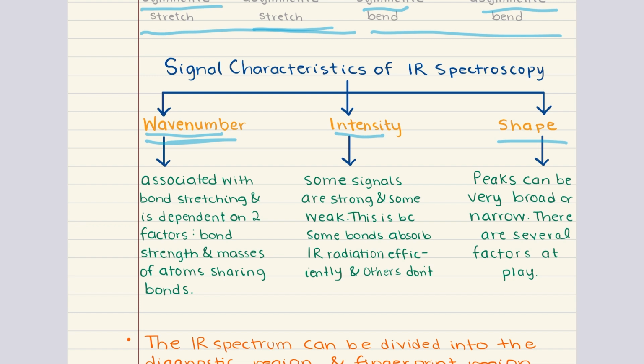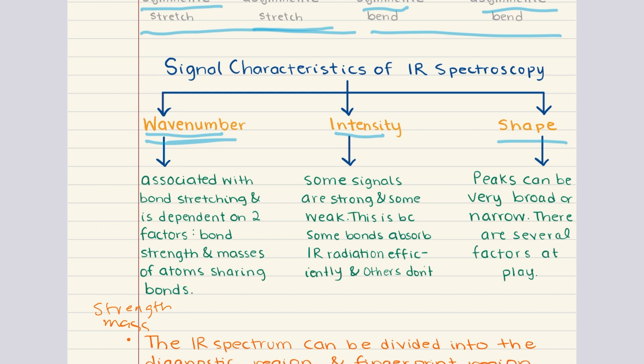As we mentioned earlier, this refers to the position of a peak on the x-axis of an IR spectrum. It tells us the frequency of the absorbed light, and it's directly related to the energy of the vibration. The wave number at which a bond absorbs is determined by 2 things. The first thing is the strength of the bond, and the second thing is the masses of the atoms involved.